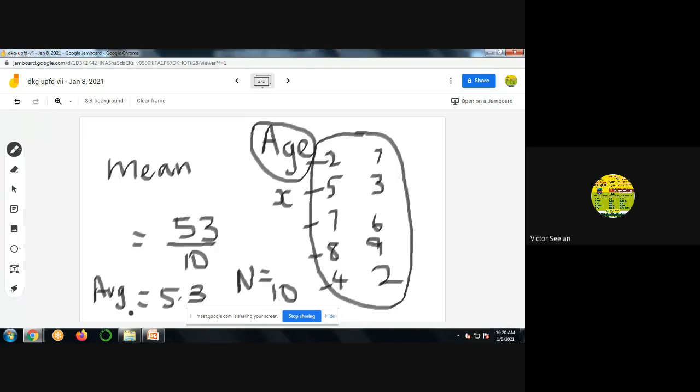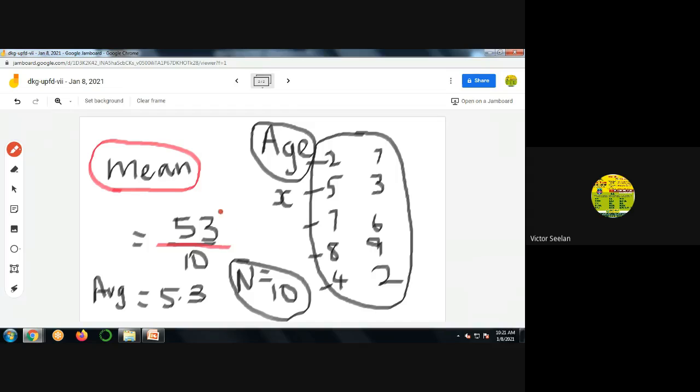Clear? Again, I'm telling you, my variable is x, and totally there are 10 students, so n is 10. Each value is called an observation. I'm finding an average, which in mathematics is called mean.